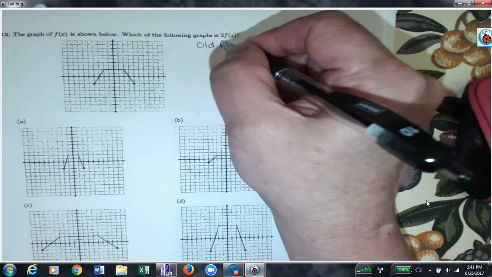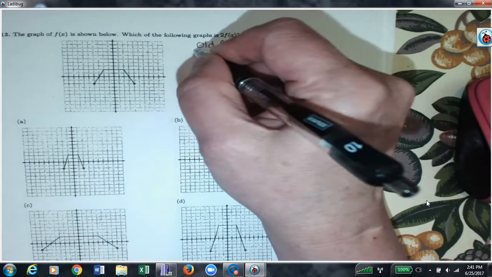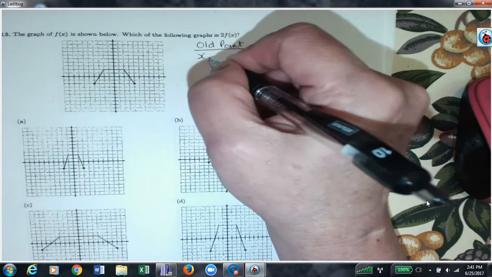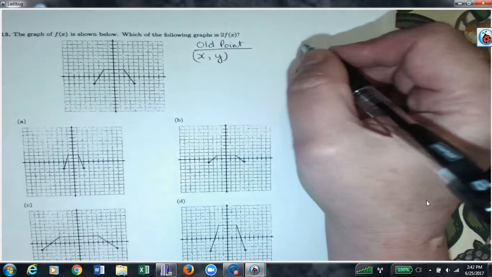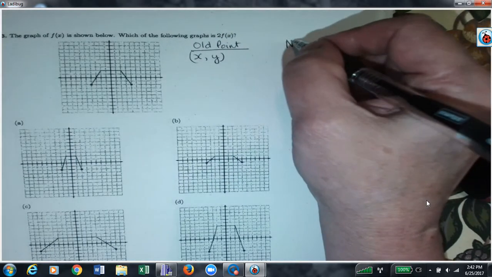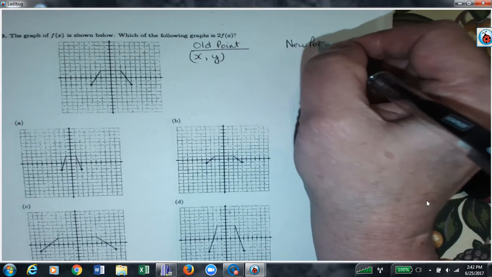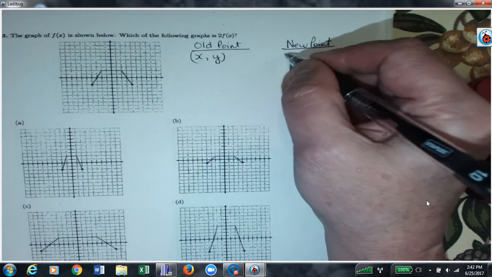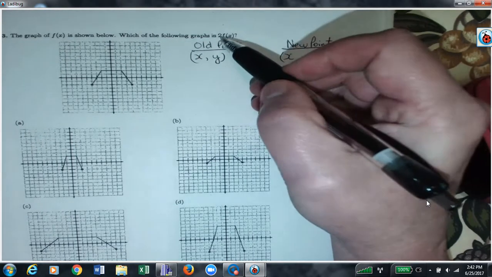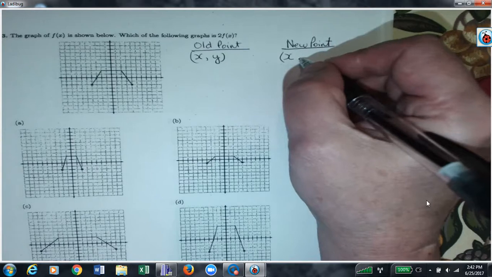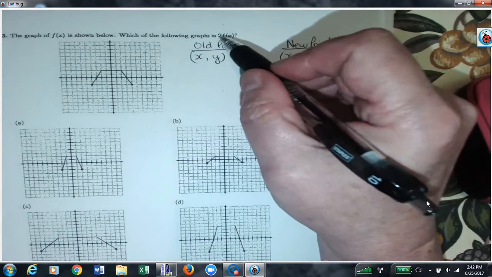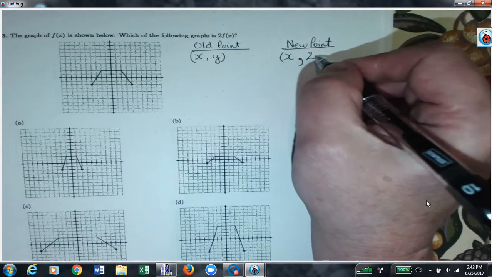Well, if the old point is x comma y, then the new point is going to be the same x coordinate, but if this number is outside, the y coordinate will be changed by multiplying it by the number that's outside.